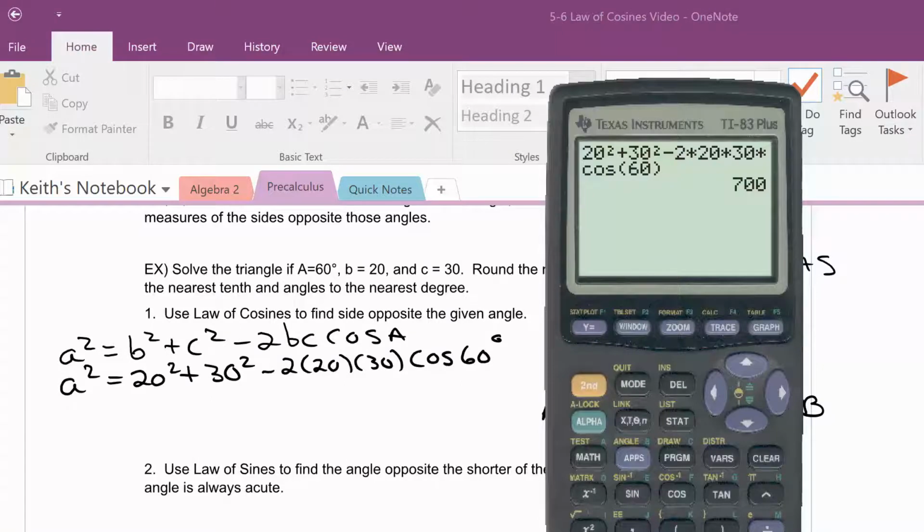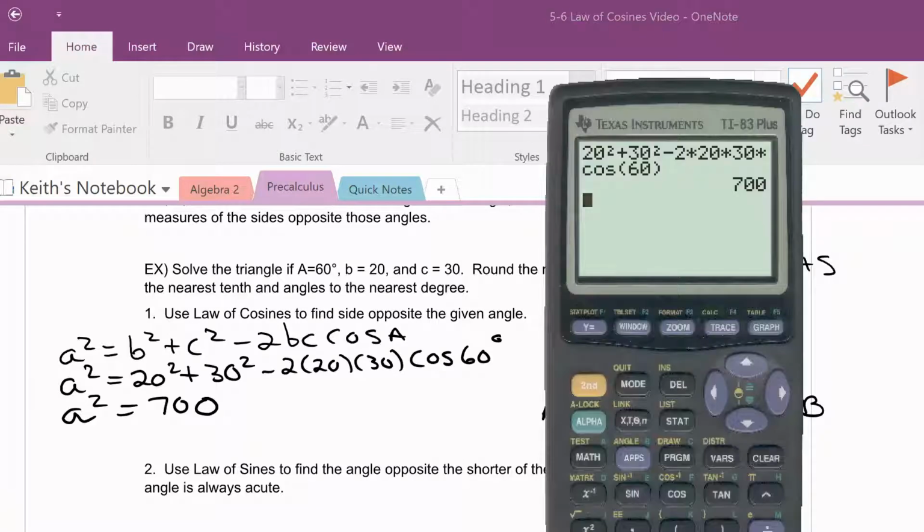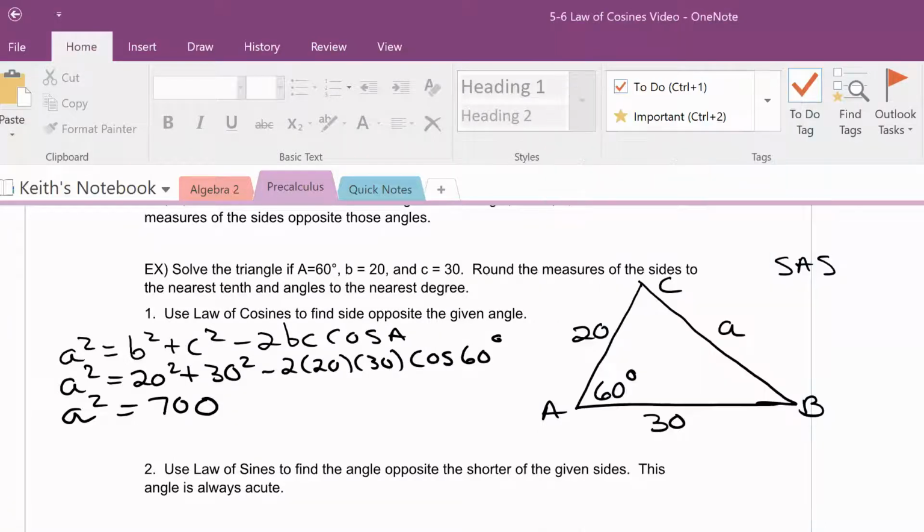And that gives you 700. So A squared is equal to 700, and A is going to be the square root of 700. So you go second function and then the answer, and that gives you 26.45. You were rounding to the nearest tenth, so 26.5 is side A.